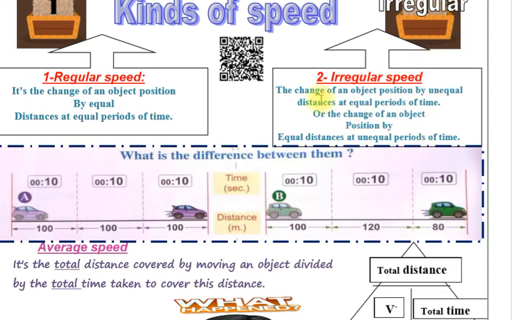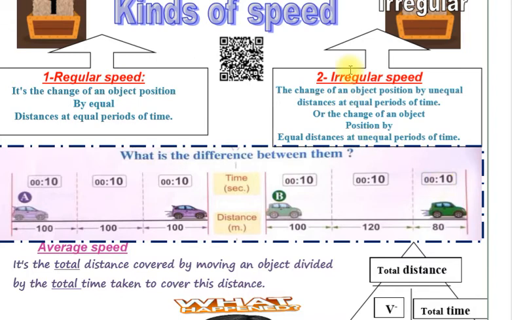And also we have the change of an object's position by equal distances, for example 100 meters, then another 100 meters, by unequal periods of time. We have 10 seconds, then 8, and then 12.